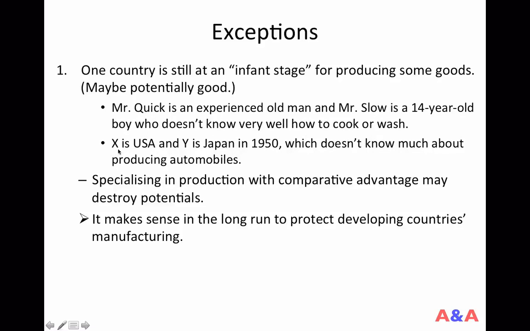Or, X is USA and Y is Japan in 1950, which doesn't know much about producing automobiles. Specializing in production with comparative advantage may destroy their potentials. So it makes sense in the long run to protect developing countries' manufacturing because they may be good in the future.